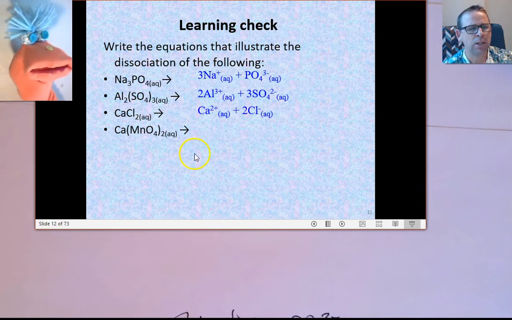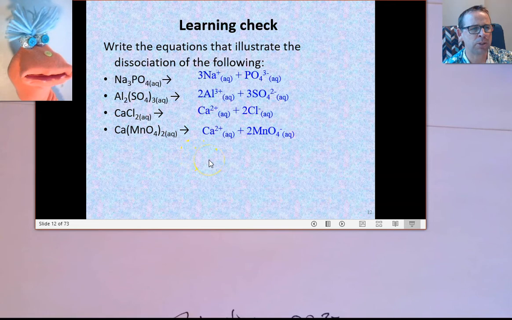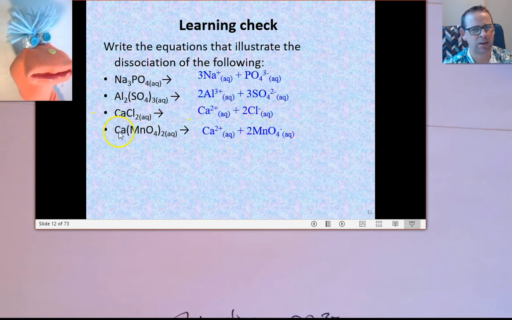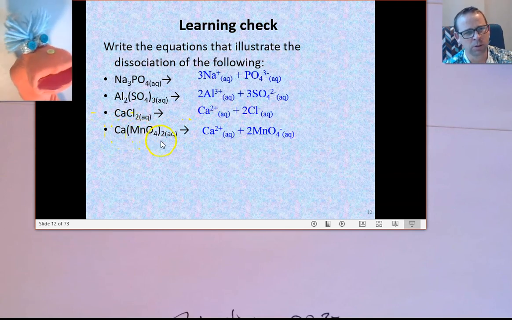Very good. Now, you didn't really need to look again at your periodic table, did you? Why not? Because if you knew that the calcium was a +2 and you saw that there were 2 permanganates, you'd have to know that the permanganate has to have a -1 charge to be balanced in that ionic compound. Yeah, that makes sense.